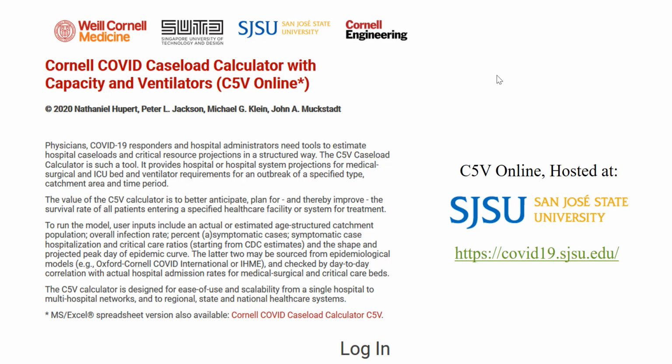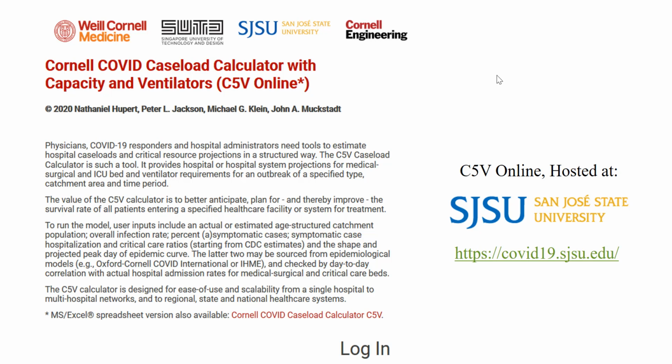Since then, we've recently created a new version of the C5V, the C5V Online, and we're grateful to be able to host this for you at San Jose State University. The website it's available at is https://covid19.sjsu.edu.